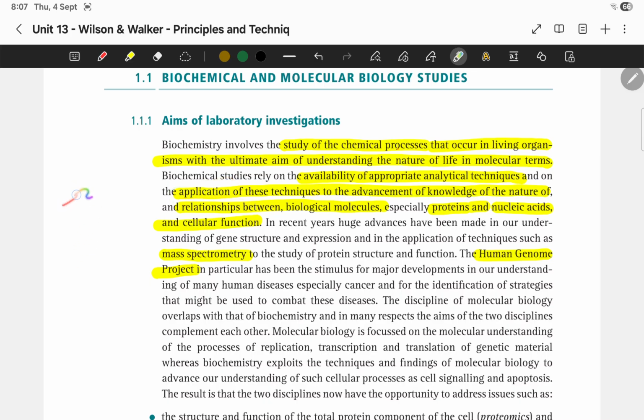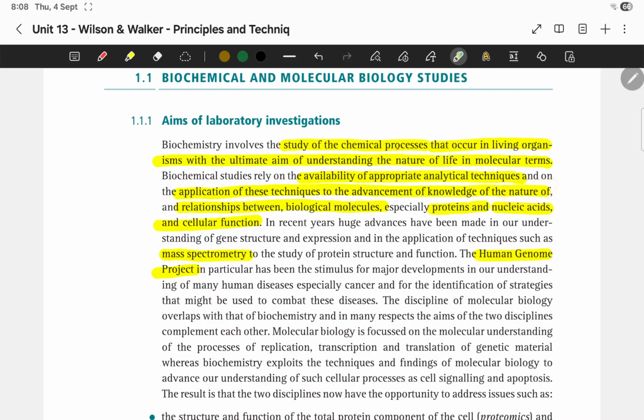So only when tools are present will we be studying. And then the application: not anyhow, we need to use these techniques for the advancement of the knowledge of nature. What kind of knowledge?